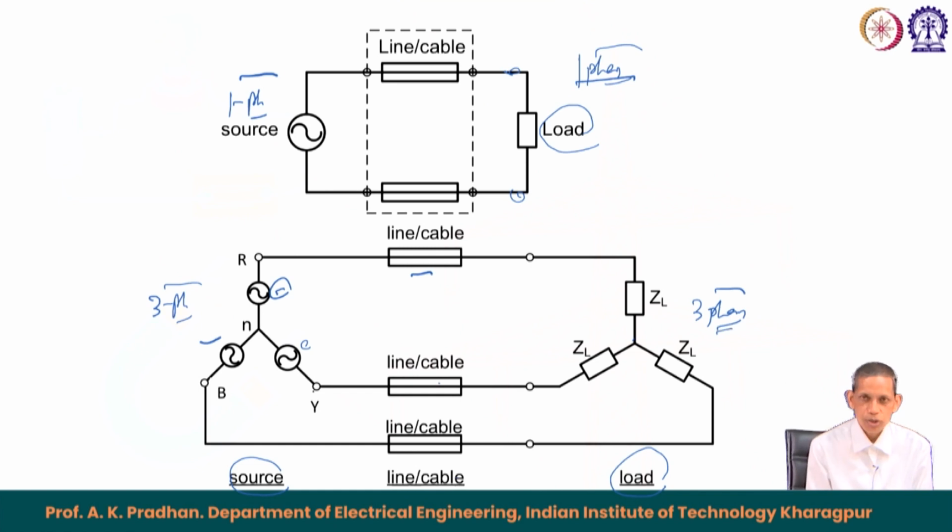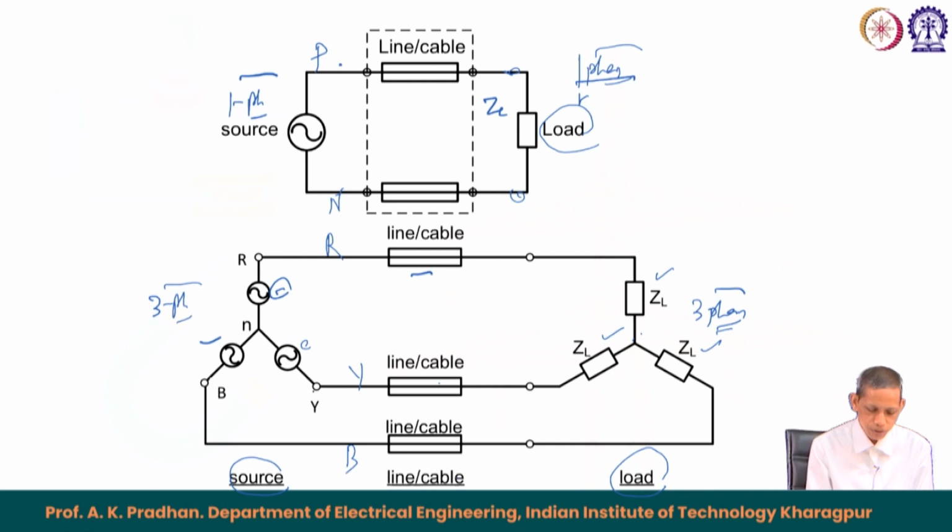In this case we see that this becomes your neutral, this is your r phase, this is your y phase, this is your b phase. Straightforward, if you have 3 phase loads here, one load, second load, third load. For one load here, Z_L let us say, we require two wires, phase and neutral, two connecting wires or cables.